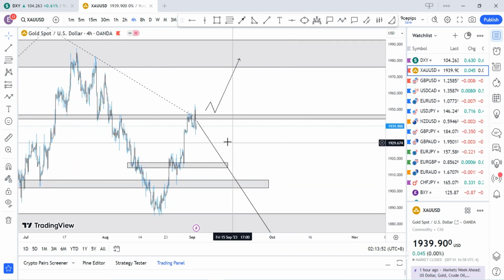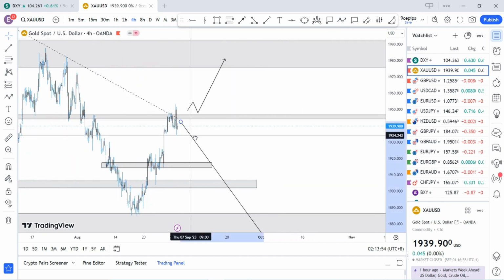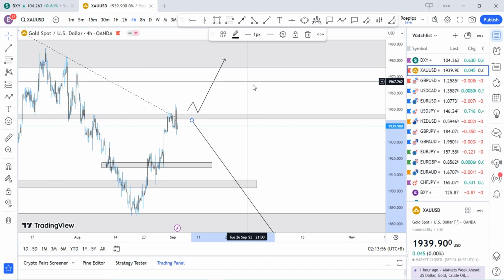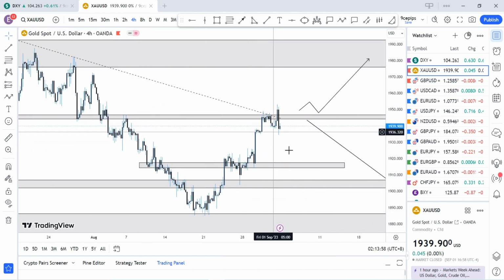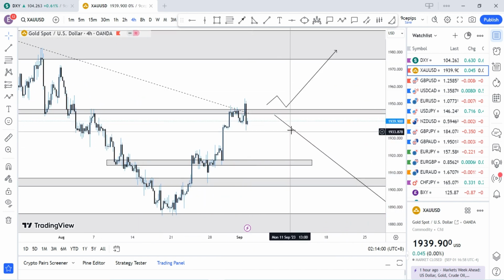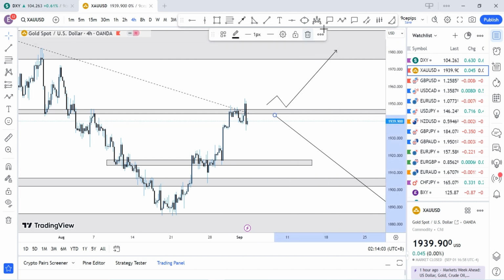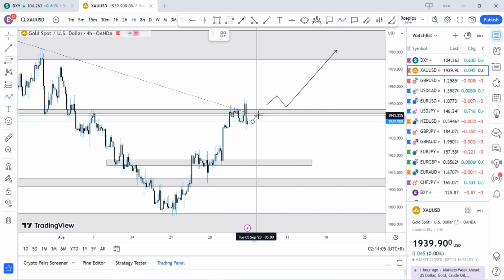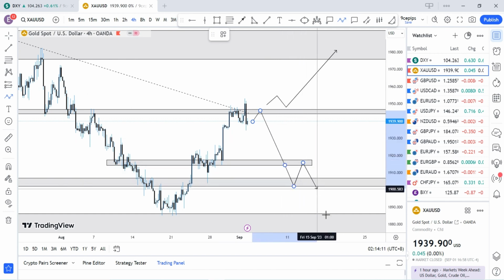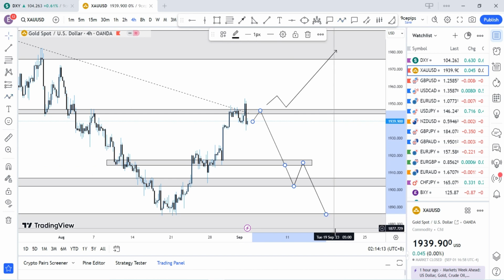For now, what I'm anticipating is for price to come here and create a head and shoulders pattern by coming back to this region here and heading to the downside, and so on and so forth.